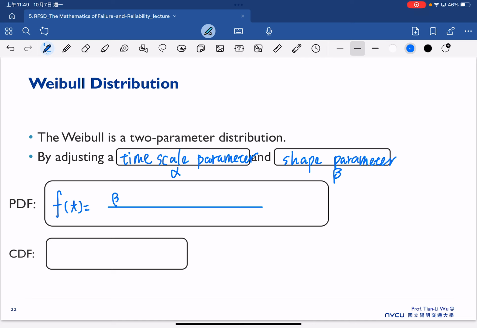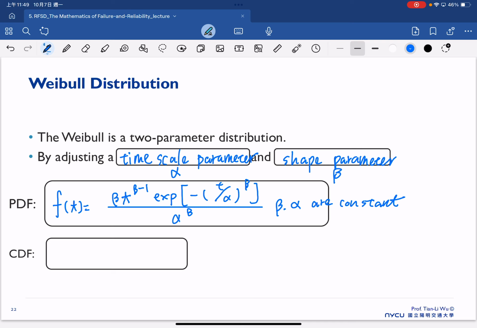So it is beta t to the power of beta minus 1, times exponential of minus t over alpha to the power of beta, where alpha and beta are constants. That's the PDF.